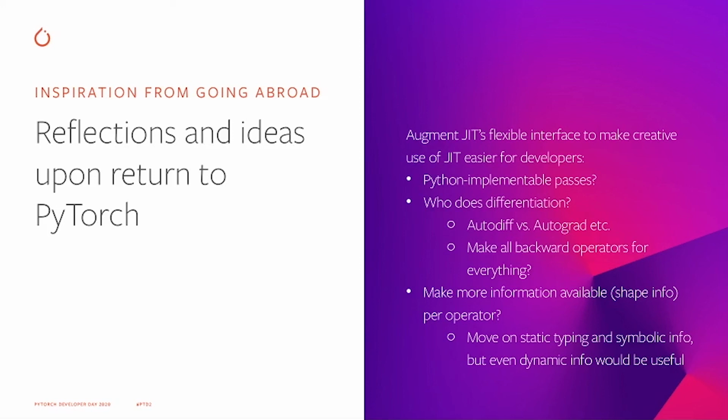PyTorch actually has two differentiation mechanisms, autodiff in the JIT and autograd, which we all know from PyTorch and from the regular use of PyTorch. And so to narrow this difference might be a good goal, to have functions that work in autodiff, like in autograd, or also to make available backward operators for everything so you can compose things easier.